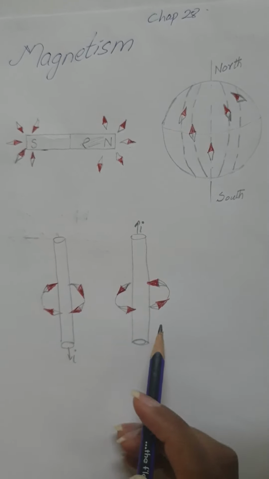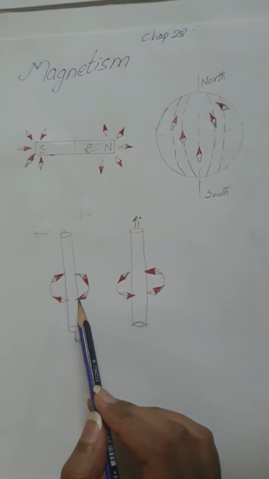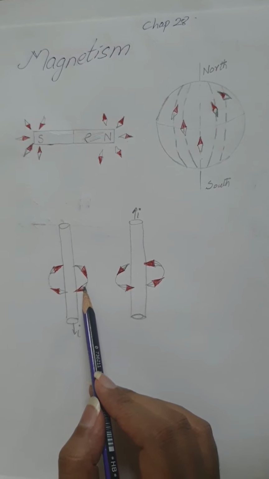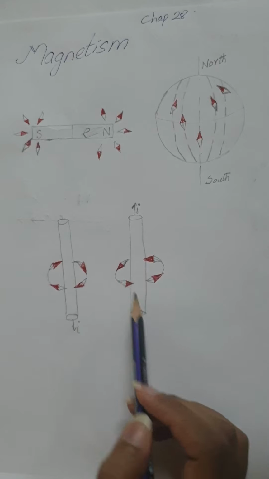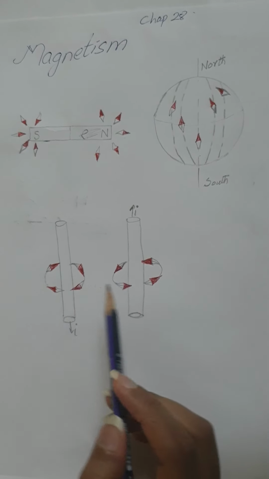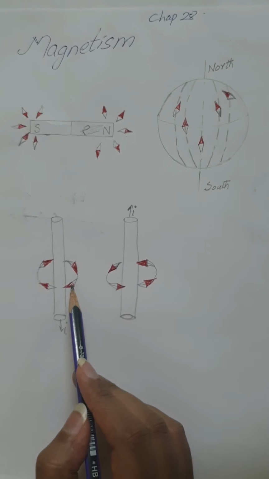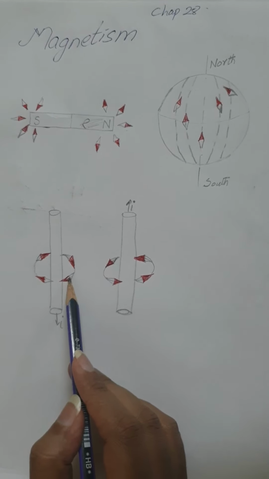There is one more experiment where the results were very surprising. If we place the magnetic compass near a current carrying wire and a steady current is flowing in that wire, the compass needle shows a clear deflection.